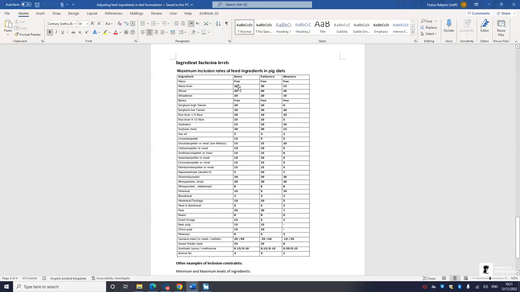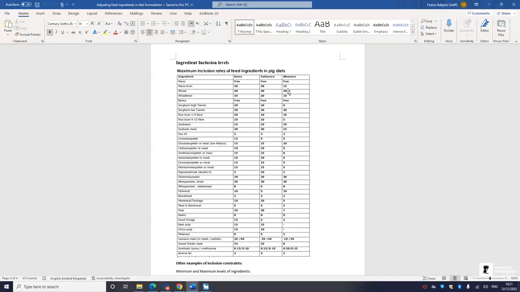But if I'm formulating feed for weaner pigs, do not use wheat beyond 20%. And the reason is because even though wheat and maize have very close nutrient value, there are certain feed factors that come into play.